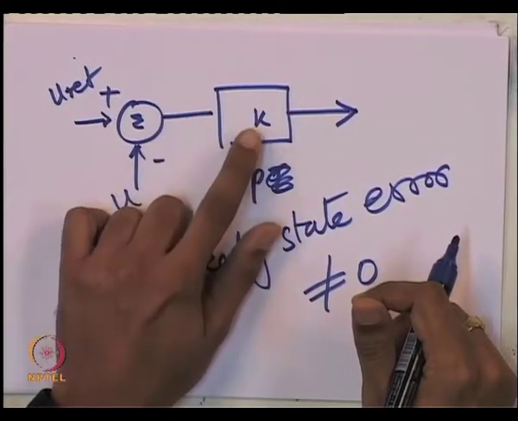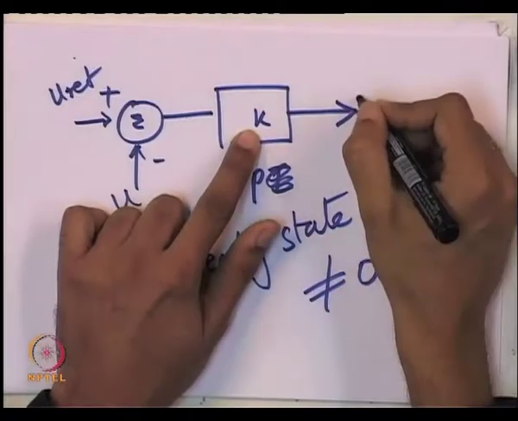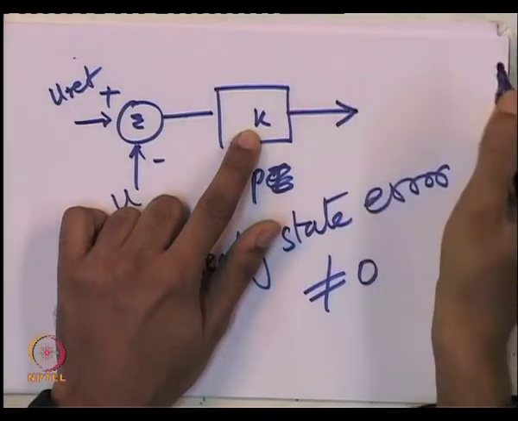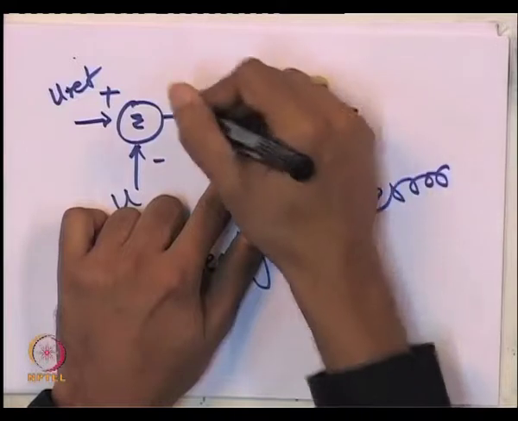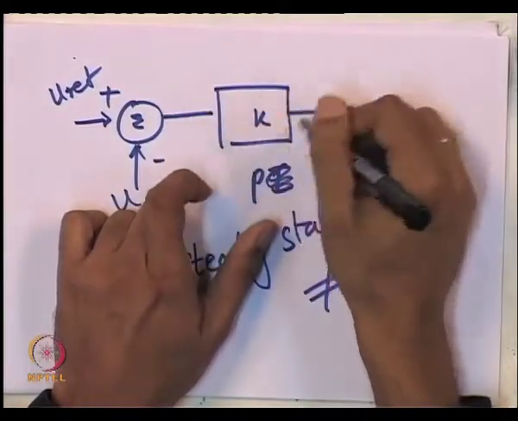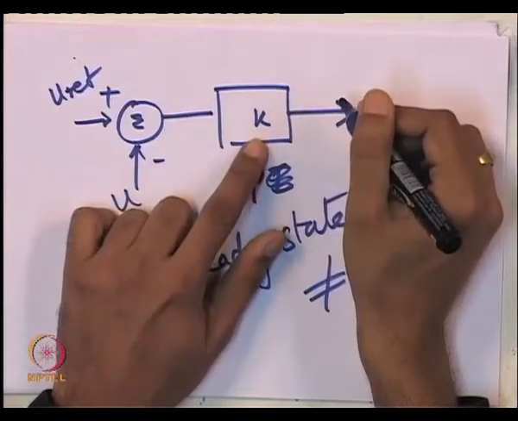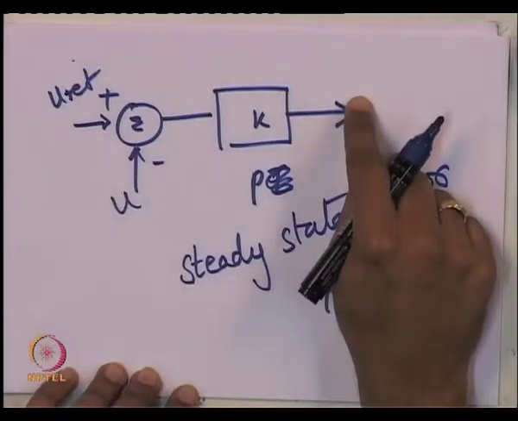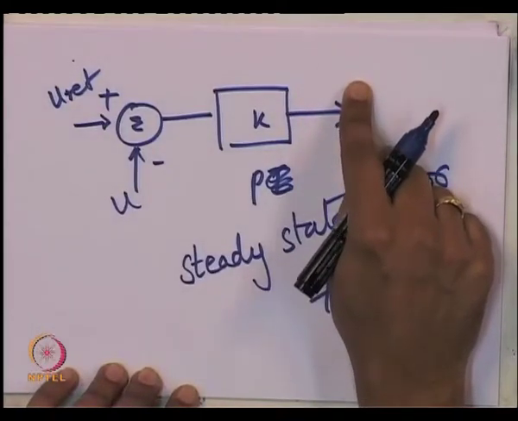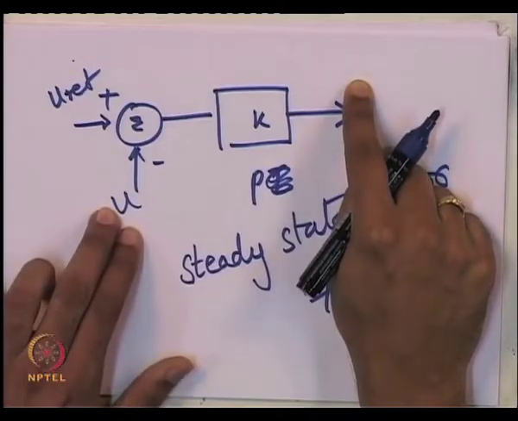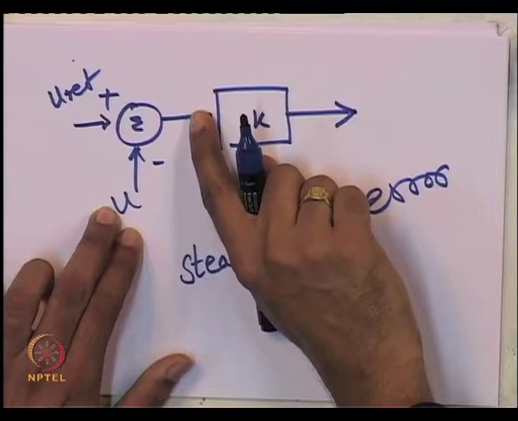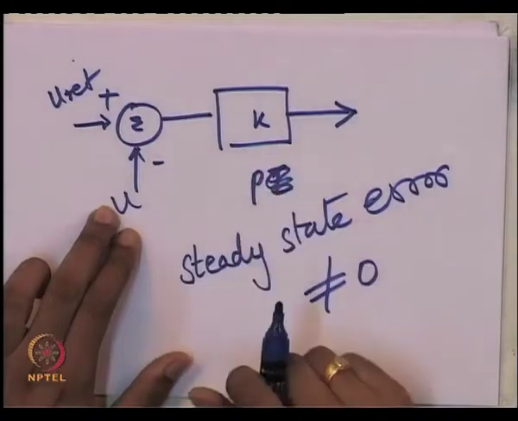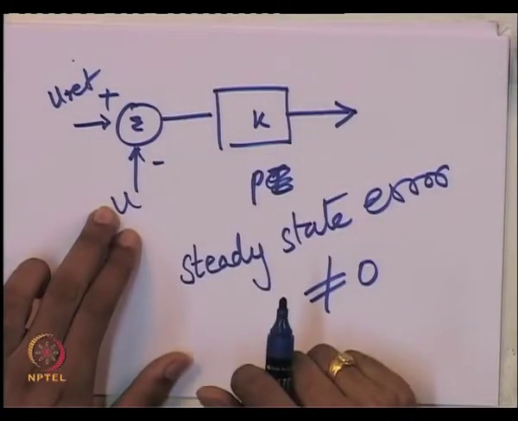Now, if this gain is very large, then to get a certain control signal in order to obtain the voltage you desire or near the voltage you desire, the error need not be too large. So, if I use a larger gain in a proportional controller, then the steady state error is going to be lower, because to get the same value of the excitation required to get a certain value of u, you require a smaller value of error. Okay. So, in a proportional controller, steady state error is not equal to 0, but a high gain proportional controller will have lower corresponding steady state error.